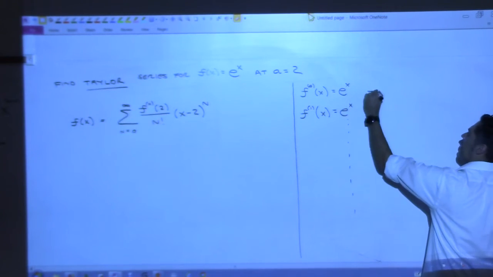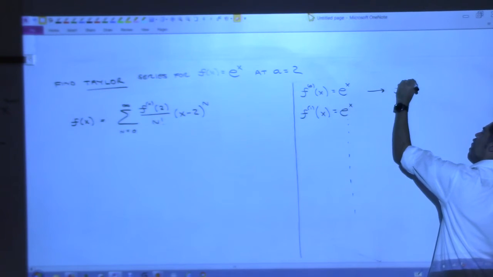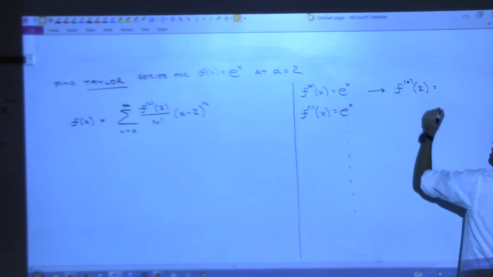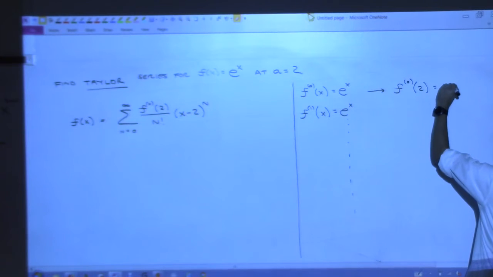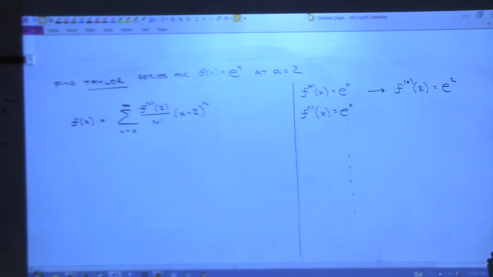And now when I plug in to find the 0th derivative at 2, what do I get? E squared, right? And that's going to be the same for all of these. Nothing changes. Y'all see what I'm saying? So how does that impact our summation?